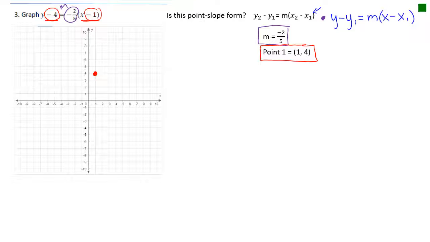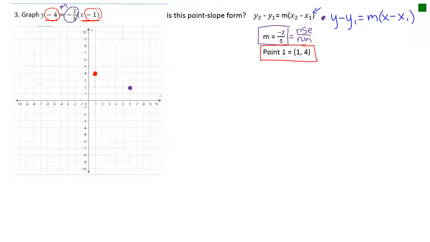Now from here, we can use our slope to help us plot another point. Our slope is negative 2/5. So remember, slope is rise over run. From our ordered pair of 1, 4, we're going to go down 2, since it's a negative, and to the right 1, 2, 3, 4, 5.